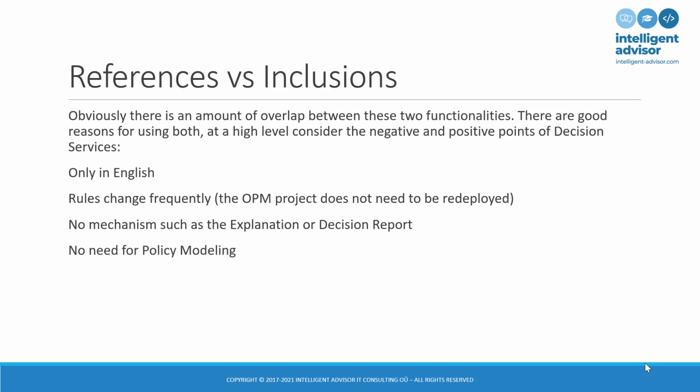If your decision service needs an explanation or a decision report, be aware that no such thing exists today in decision services. Finally, the fourth point. If you plan on creating services that should be managed by people who are not familiar with Oracle Policy Modeling, you essentially wish to outsource the management of some services, then decision services are a good choice because they are pure web-based.